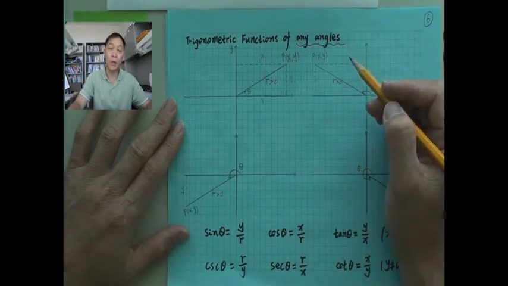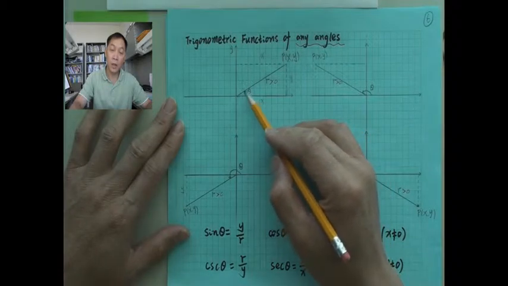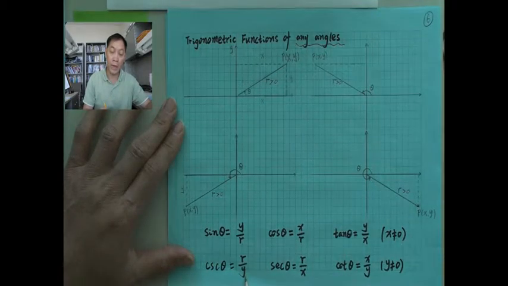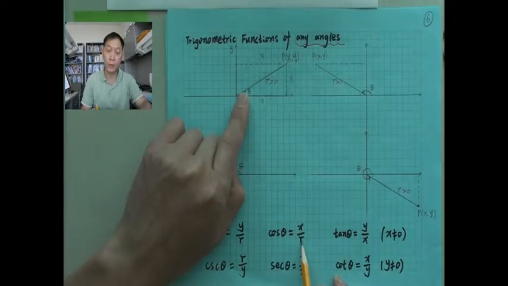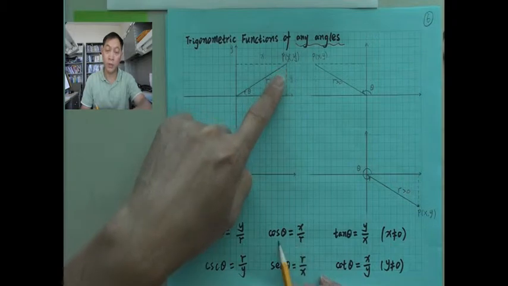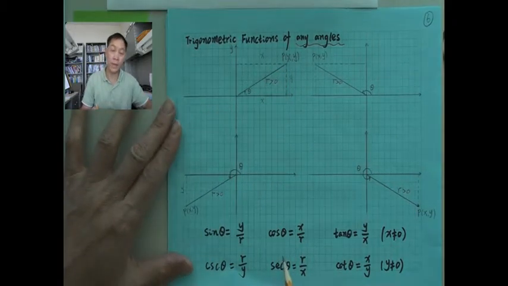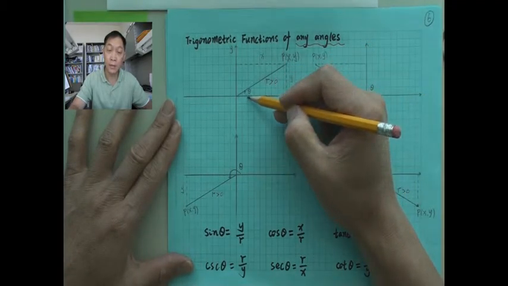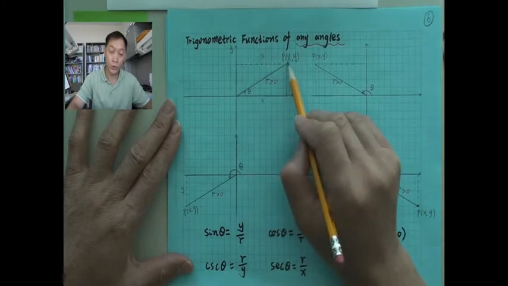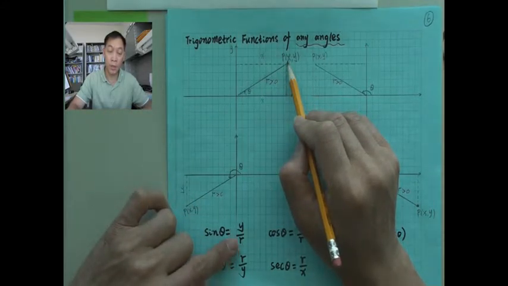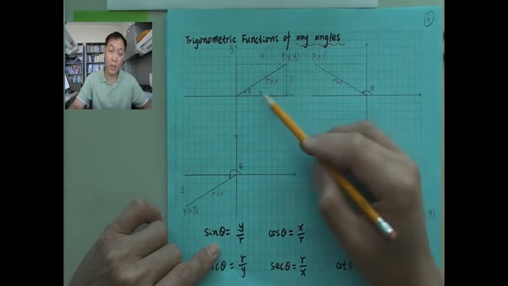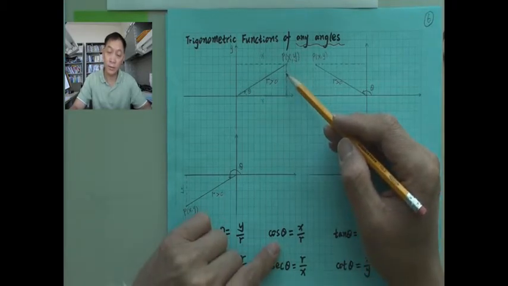So x over hypotenuse, x over r, is cosine. Again, y, not x, the opposite side of theta over hypotenuse r, y over r, is sine theta. Then x, adjacent, over hypotenuse is cosine.